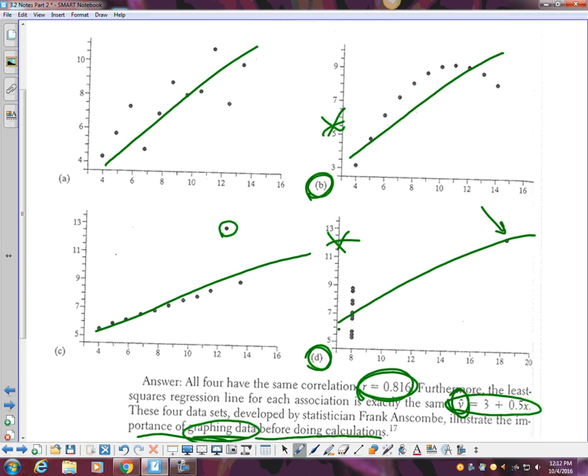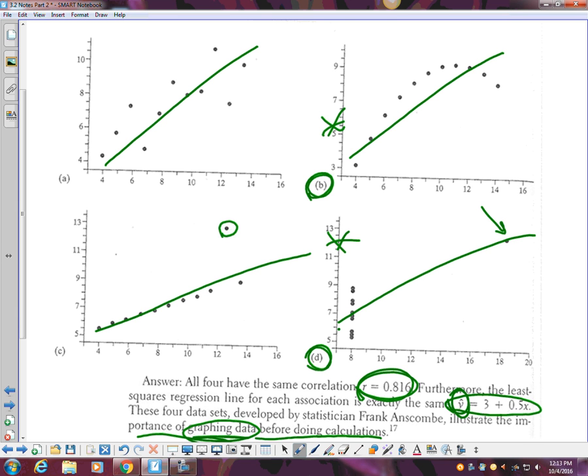But if I took time to look at the data, or better yet, the residual plot, I would see, oh heck no, a linear model is a terrible model for this data. But if you don't take the time to plot the data, or better yet, to look at the residual plot and look for that pattern, then you will have no idea that it's not linear.